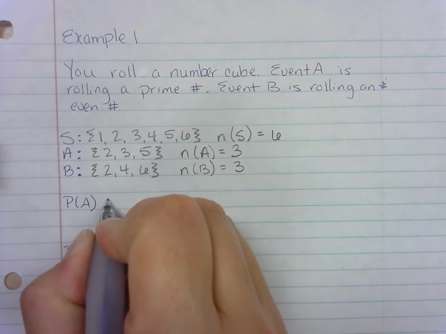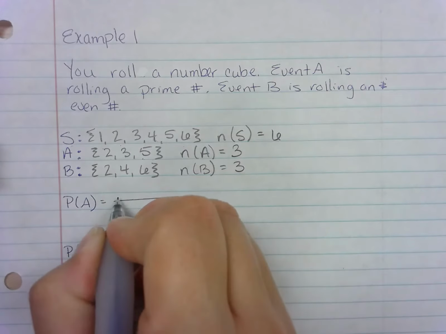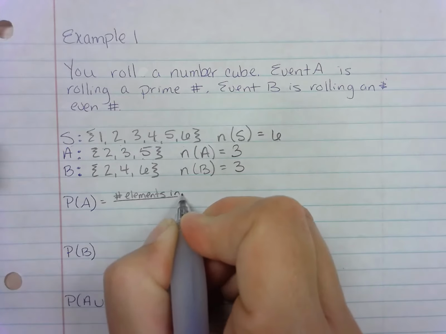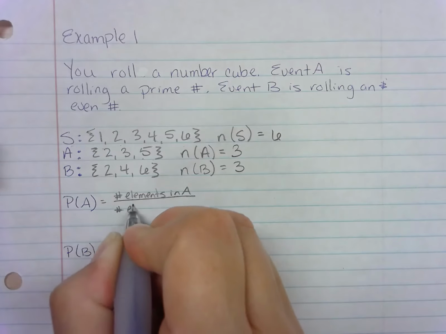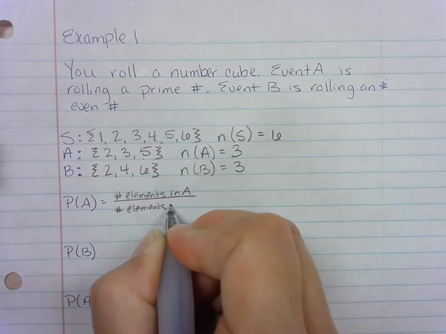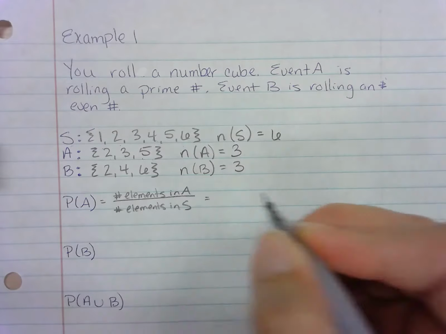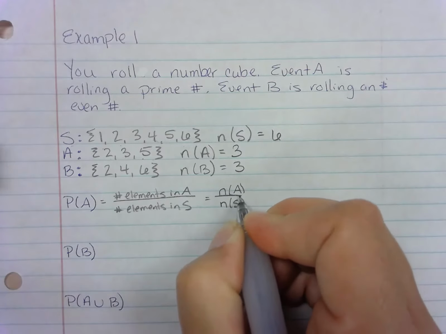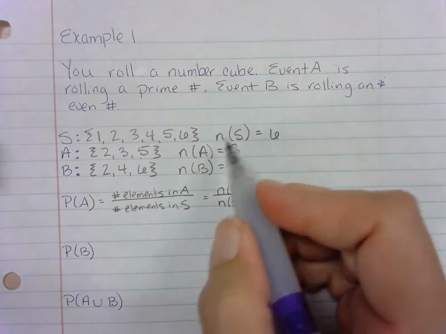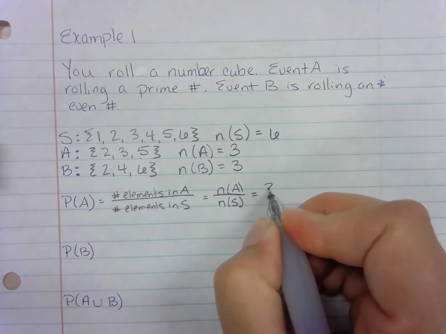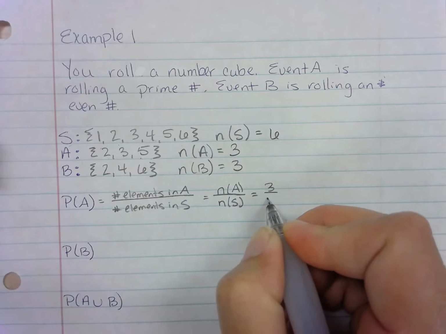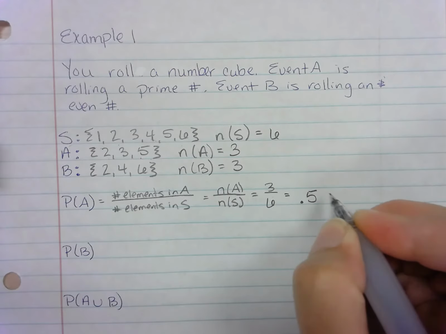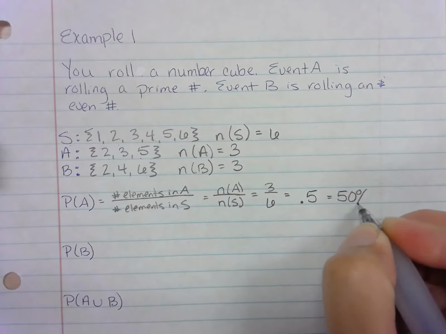To write this in shorthand, we're going to say the number of elements in A over the number of elements in the sample space, or the shorthand would be N of A over N of S. Well, we've already done all that work. We know that there are 3 elements in event A and 6 elements in the sample space. As a decimal, that's 0.5, and as a percentage, that's 50%.